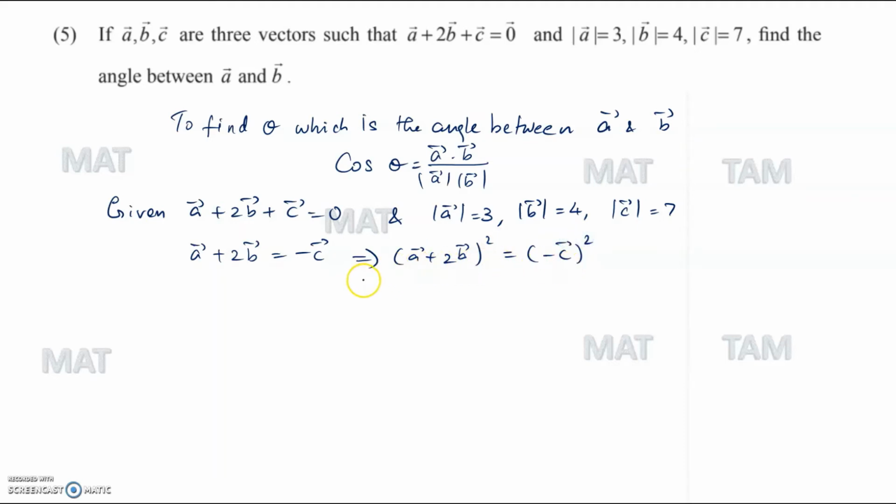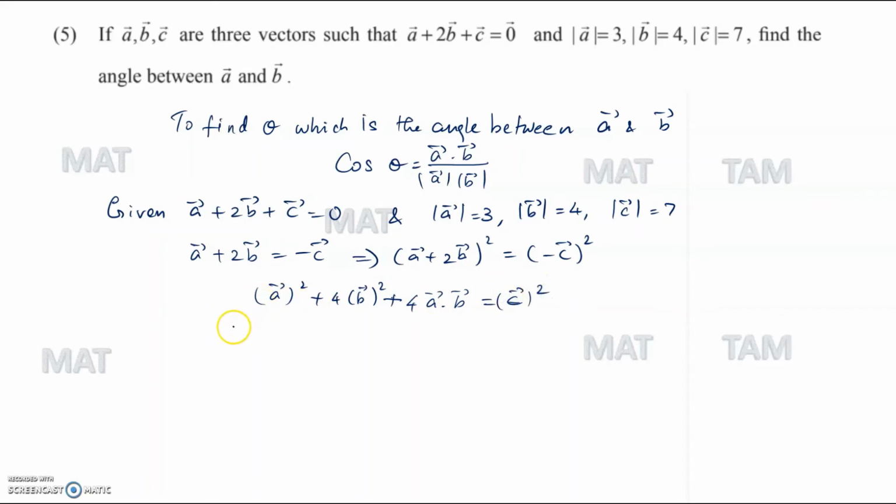So further we can expand this as A squared plus 4 times vector B squared plus 4 times vector A dot product with vector B is equal to C vector squared.